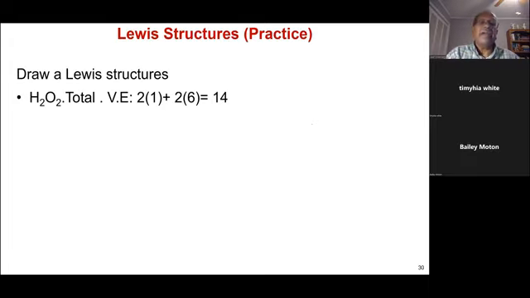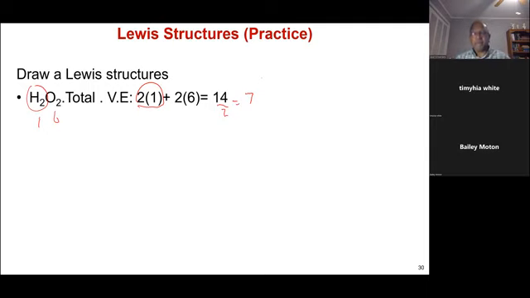In hydrogen peroxide, there are 2 hydrogens, therefore 2 times 1 valence electron, and 6 valence electrons on each oxygen, 2 times 6. You add them up: 1 times 2, 2 times 6, you get 14 total.